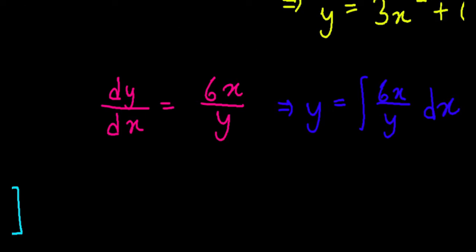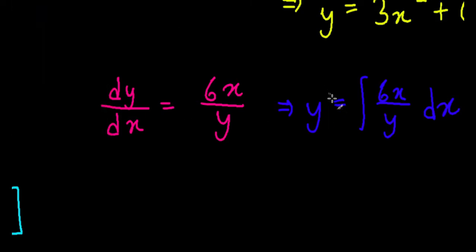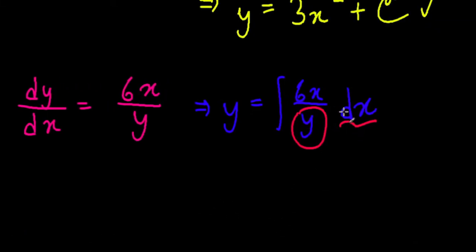I think you can see where the problem is here. Because we have the dependent variable y here, and obviously we're taking the integral with respect to x, this cannot be evaluated directly as is.